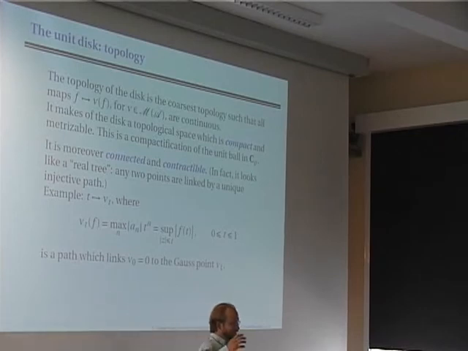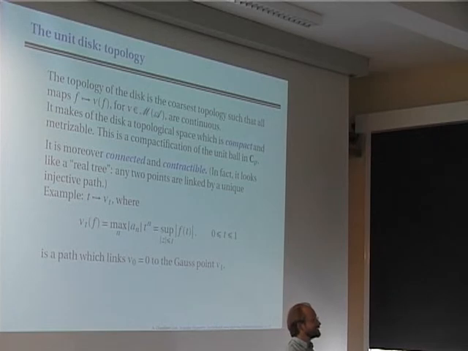Now you can take a decreasing family of disks. Usually, if the radius of the disks goes to 0, then the intersection of the disks will be a single point. But if the radius doesn't go to 0, then two things can happen. Either the intersection is still a disk, or the intersection is empty.